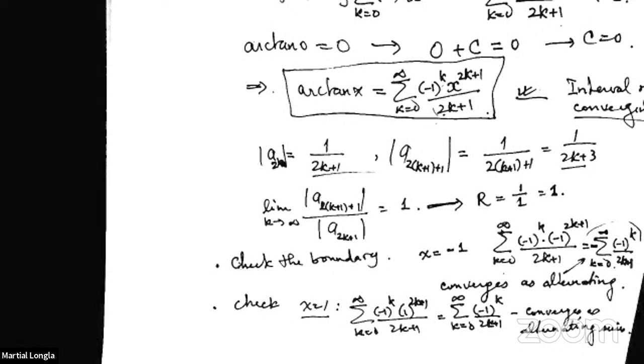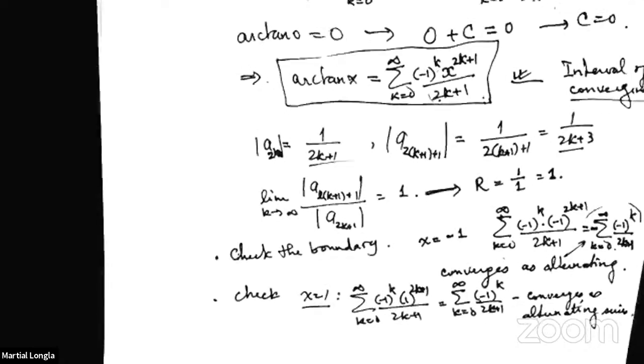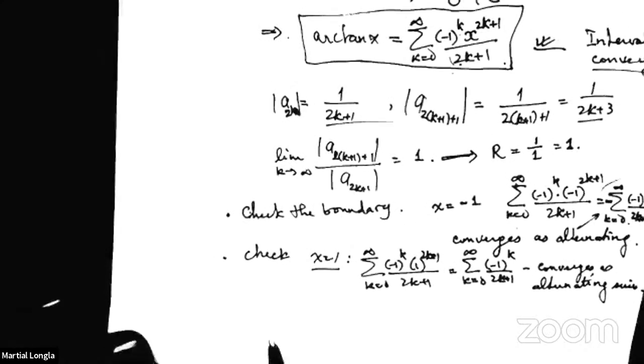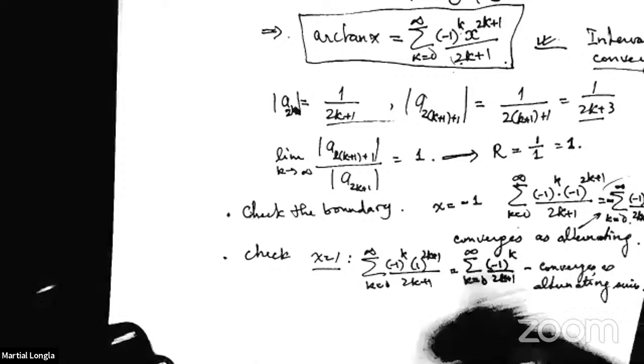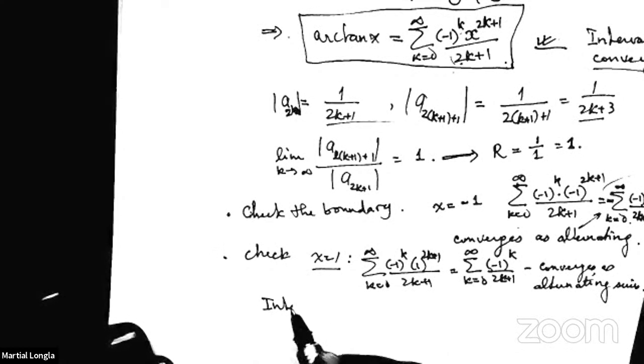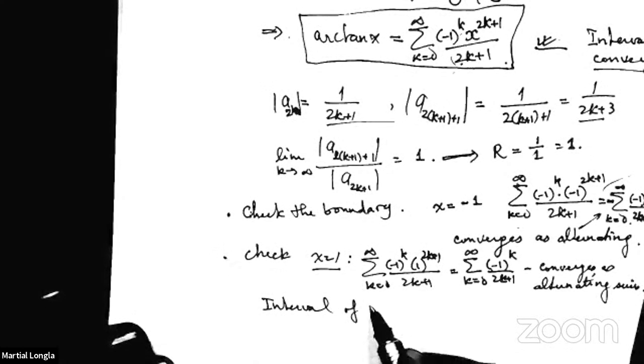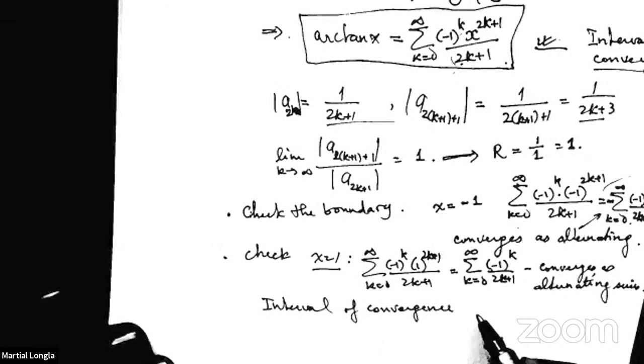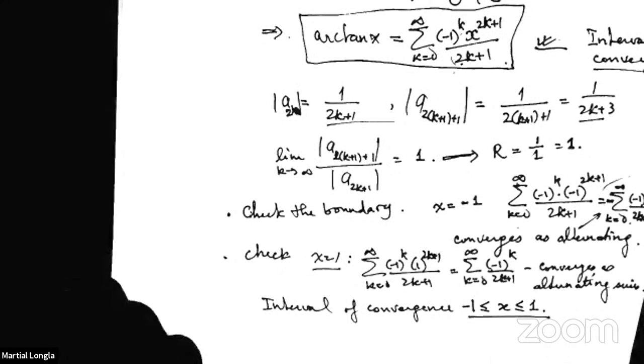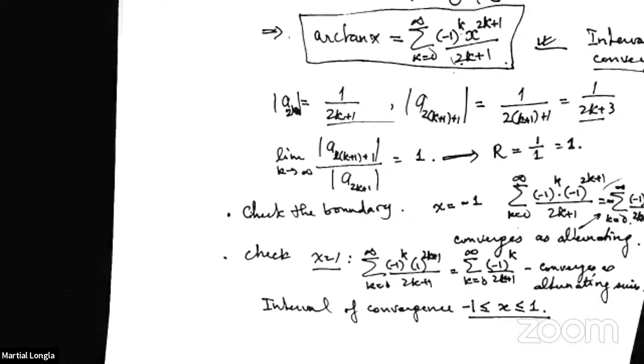Are we good? All right. So here, this converges, that converges, and so the interval of convergence is -1 less than or equal to x less than or equal to 1. Any questions?